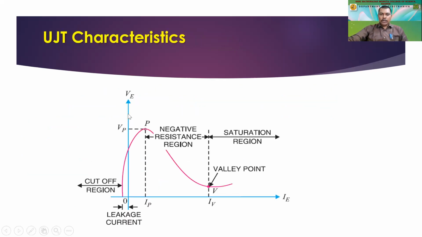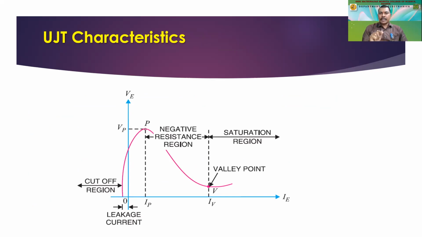Now this is very important. As we have seen up till now, we have done the VI characteristics of all the devices, from the diode, LEDs, Zener diode, and then MOSFET, FET, and all sorts of devices. Even in the case of SCRs, TRIAC and DIAC, we have taken these VI characteristics, with voltage on the X-axis and current on the Y-axis.